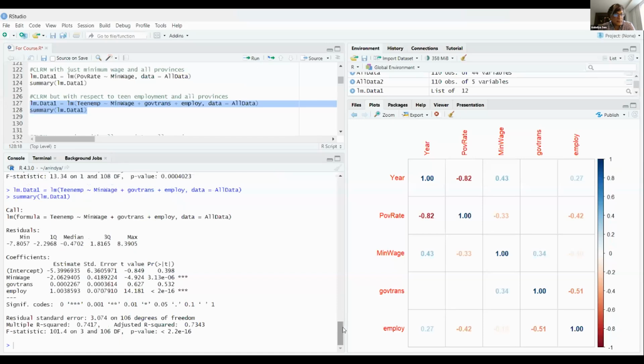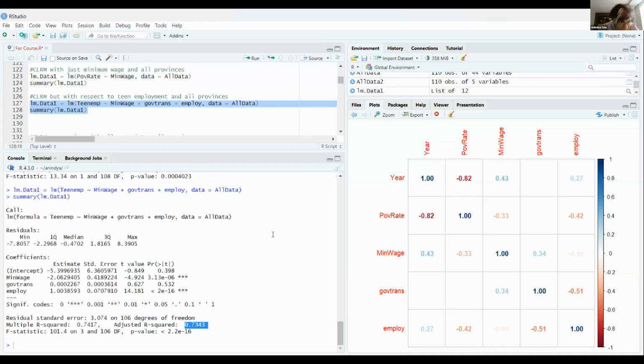Okay, voila. So let's see. Now, first look at the fit. The fit has gone up by quite a bit. This is pretty good, right? It's 0.73. So this relatively simple model is explaining about 70% of the variation in your dependent variable, in teen employment rate. Sorry, oops, wrong.